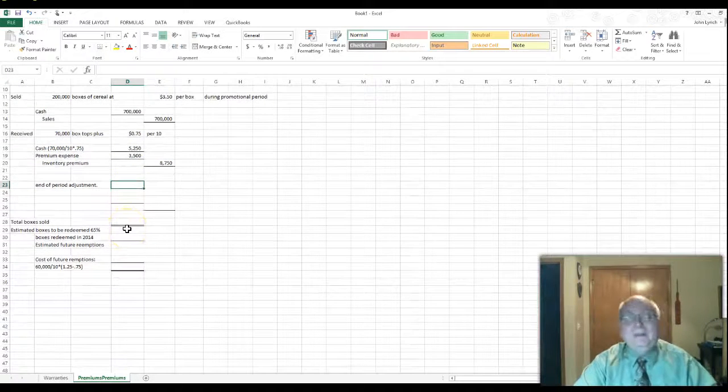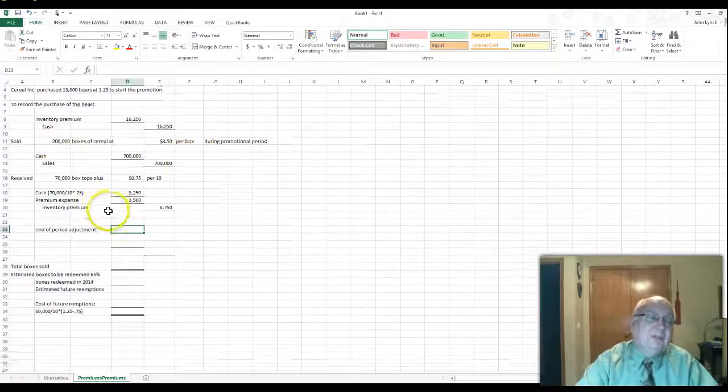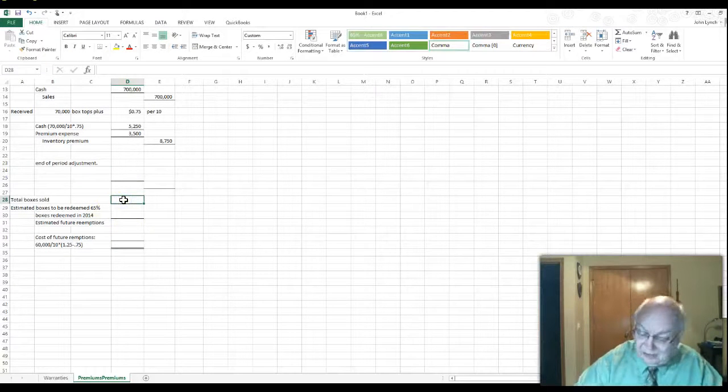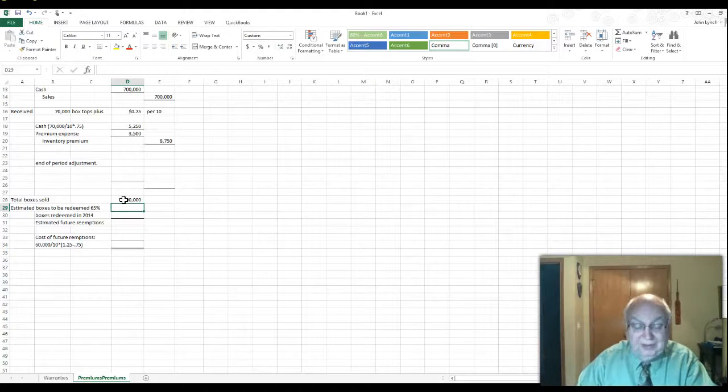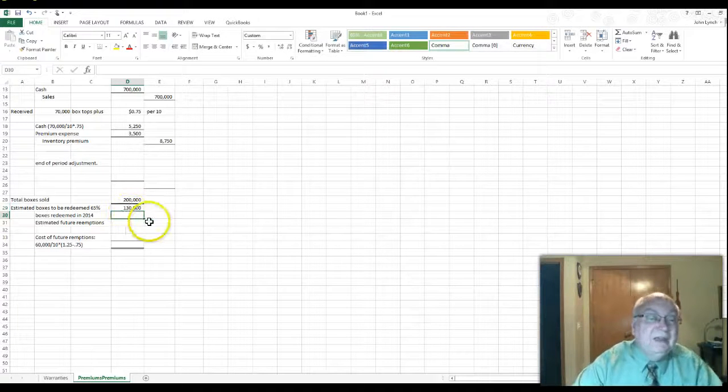Now, end of the period, because we sold 200,000 boxes during that promotional period, we expect 65%, so equal to the 200,000 times 0.65 redeemed. So we expect 130,000 box tops to be redeemed.